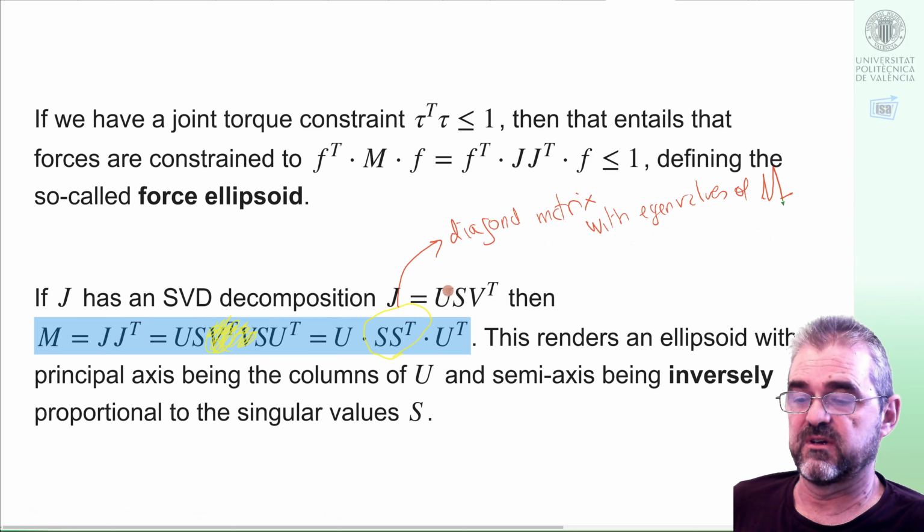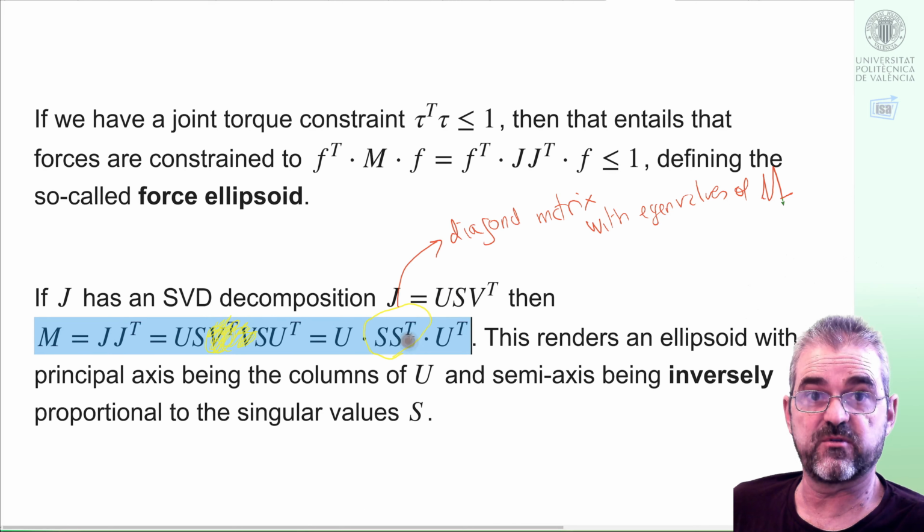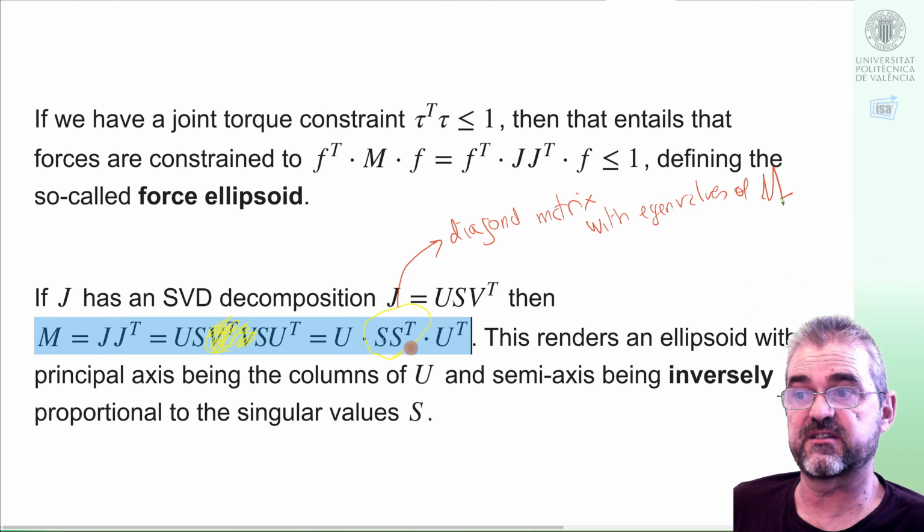So U are the eigenvectors of M, and S S transposed are the eigenvalues of M, and the square roots of such eigenvalues are the singular values in S, of course.